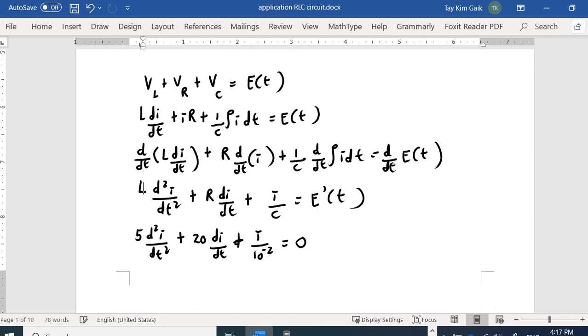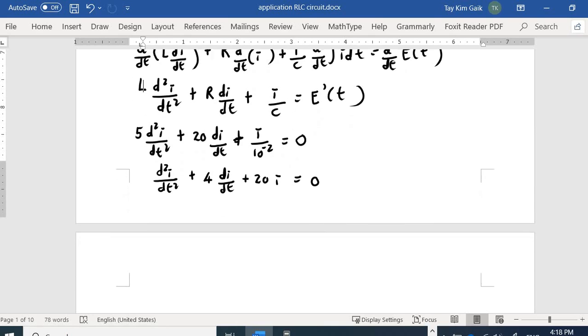We get a second order homogeneous equation. Divide by 5, we get d2I/dt2 plus 4 dI/dt. And 10 to the power of negative 2 is actually, bring up is 100 divided by 5, we have 20, I equal to 0.